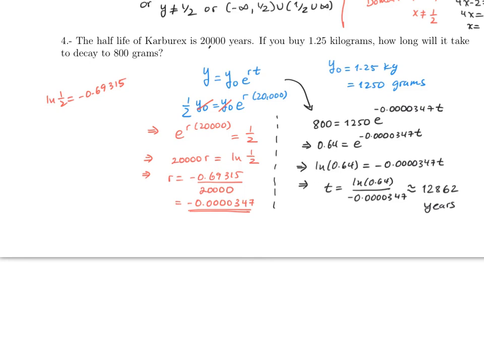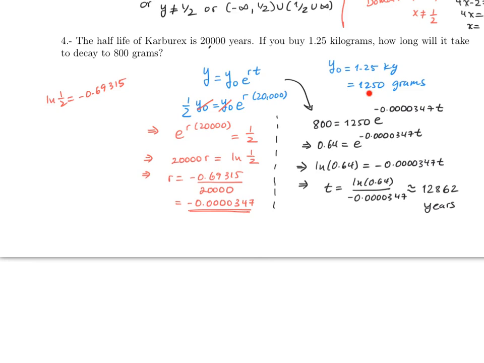Okay. Now you should check to see if the answer makes sense. This is what I mean by makes sense. The half-life is 20,000 years. So that means that it takes 20,000 years to decay to half of the original amount. If the original amount is 1250, half of that is going to be 625.